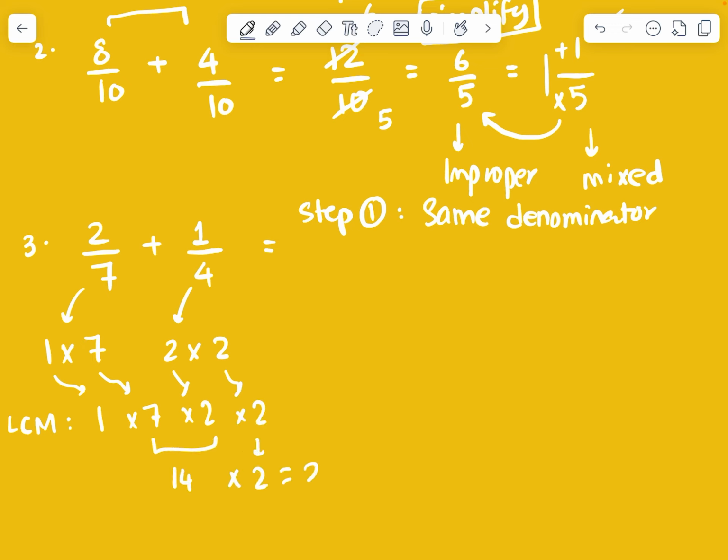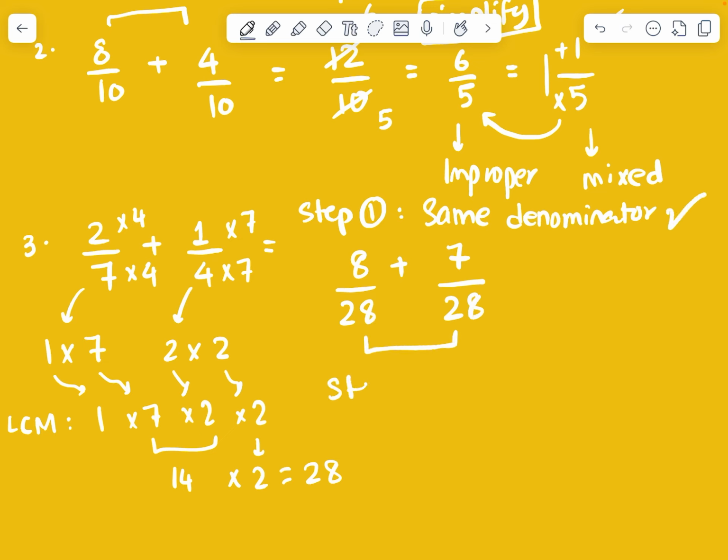Okay. 2 times 4 is 8. 7 times 4 is 28. 1 times 7 is 7. 4 times 7 is 28. Now my denominators are the same. Step 1 is done.